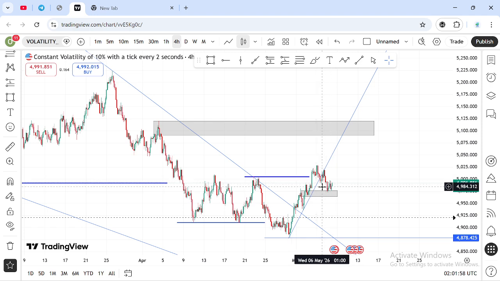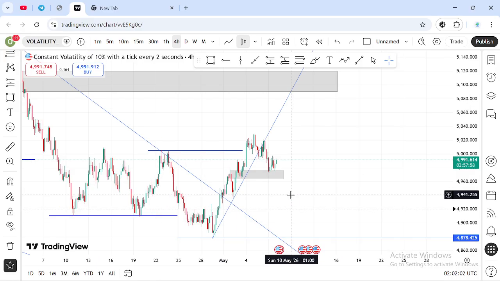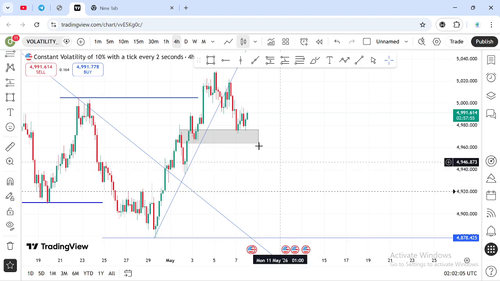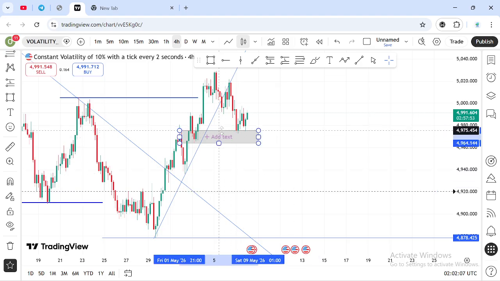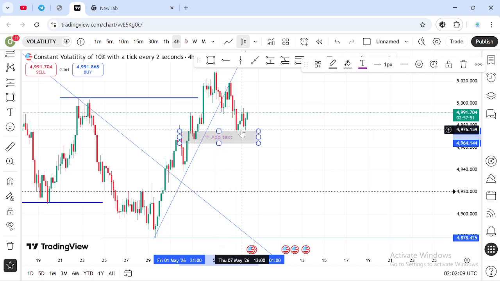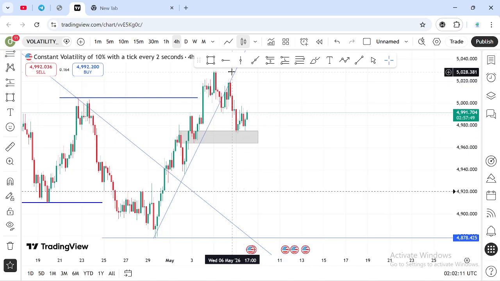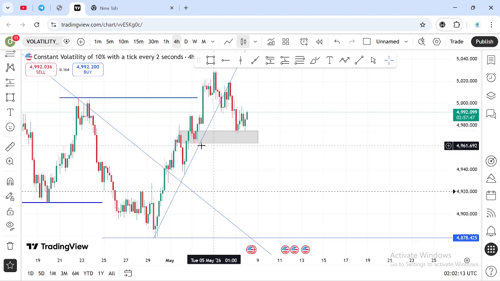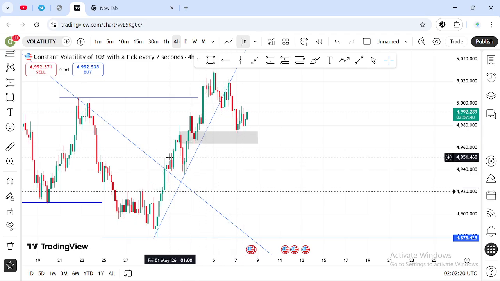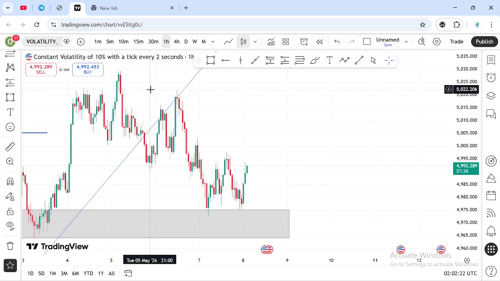I have to wait for a good confirmation to catch it. But if I were using the 4 hours time frame or that block, I would have set a buy limit at this point, then target this high, and put the stop loss here. But since I didn't do that, let's look at the 1 hour time frame.